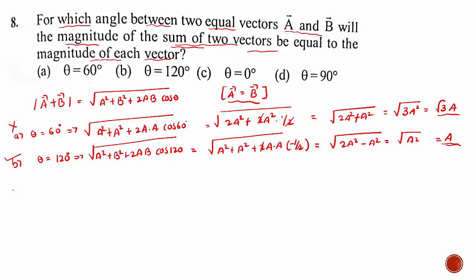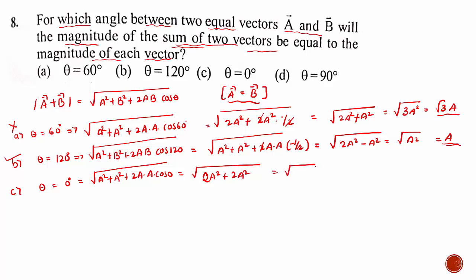But you can check the remaining options also. Theta equal to 0 degree, square root of A square plus A square plus 2 into A square cos 0. Cos 0 is 1. 2A square plus 2A square is 4A square.